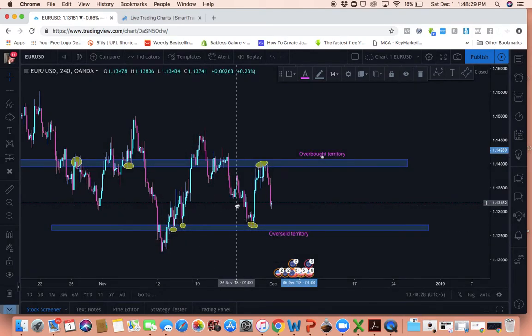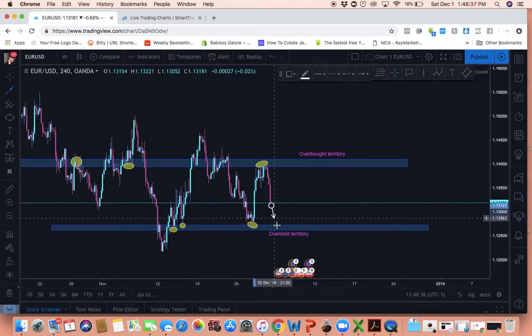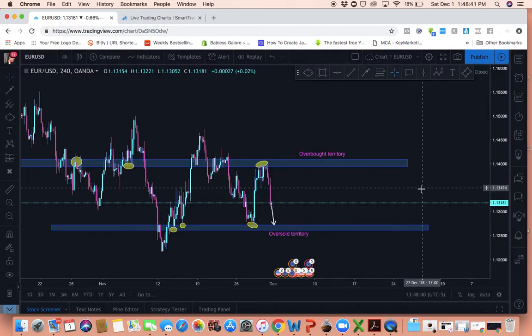Okay, so you see prices here now, and it's going to this oversold territory. So when price actually gets down to this area, you're going to be looking for a buy, correct?